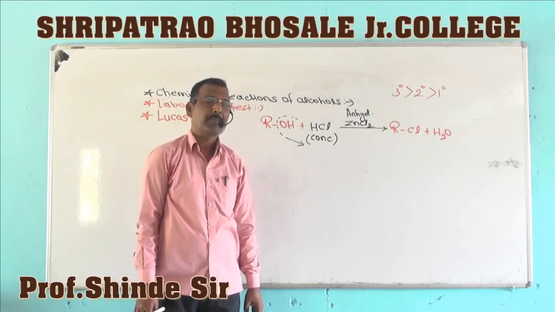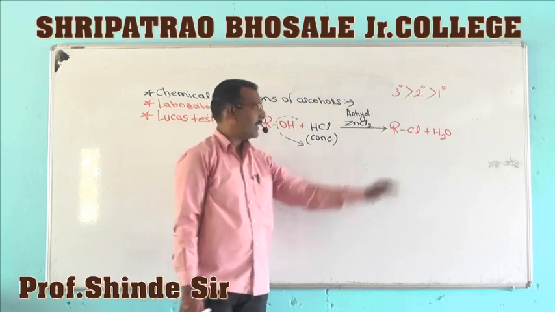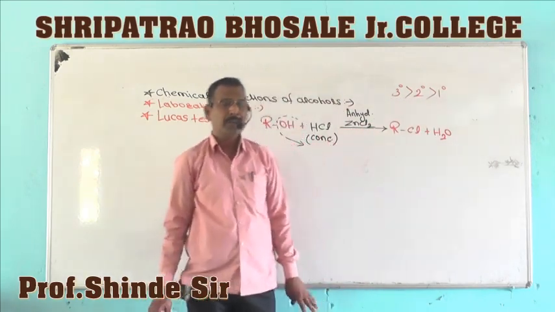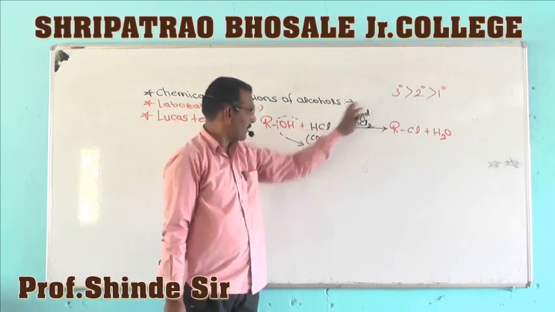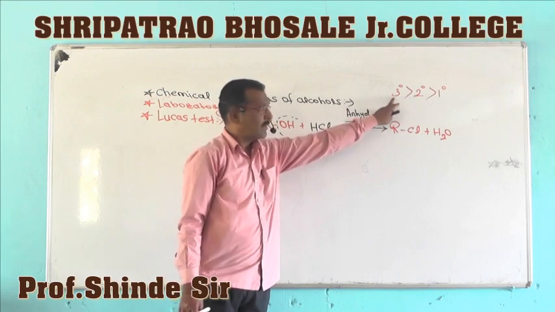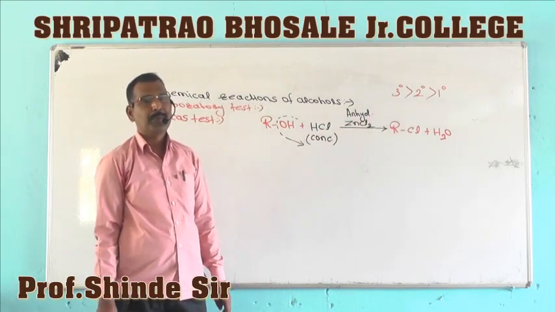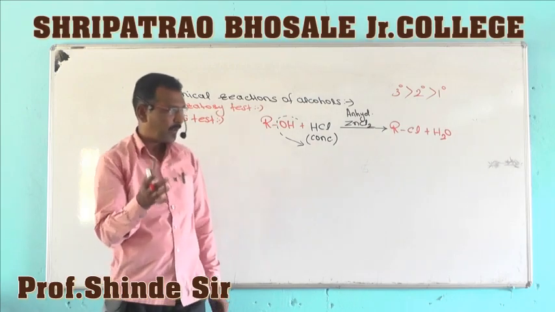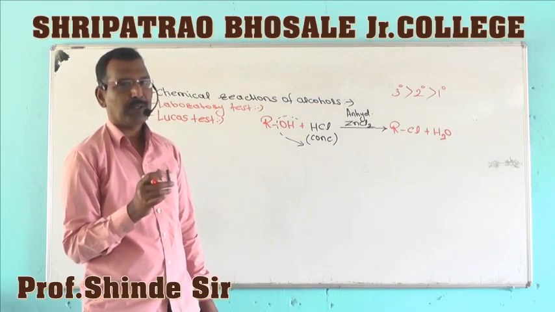And as you know, the stability of carbonium ion is tertiary greater than secondary greater than primary. And so the reactivity of alcohol towards Lucas reagent is tertiary greater than secondary greater than primary.